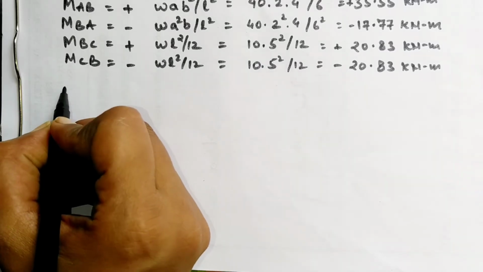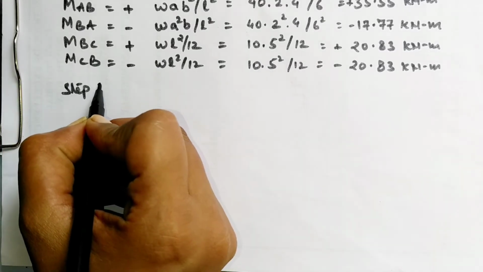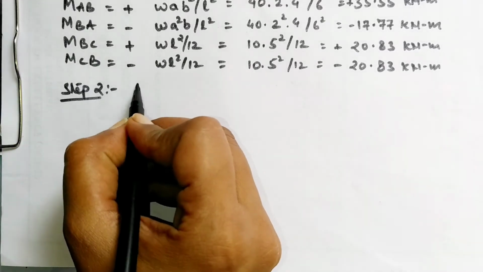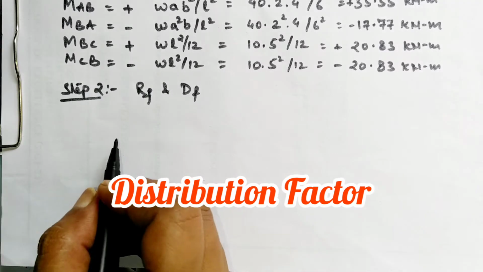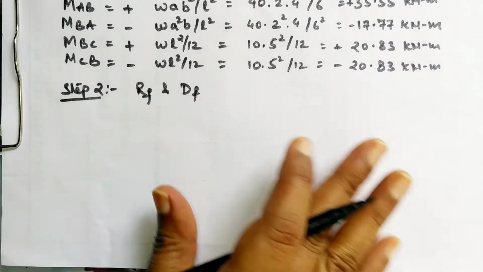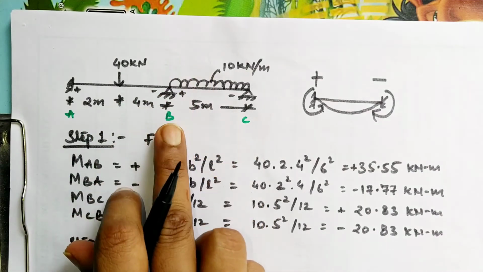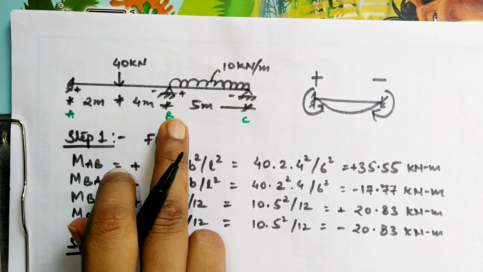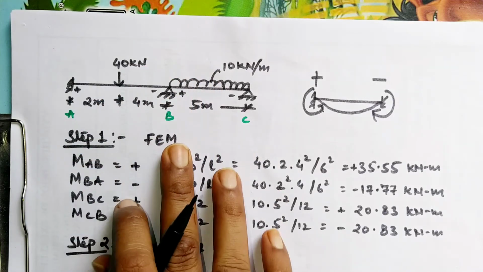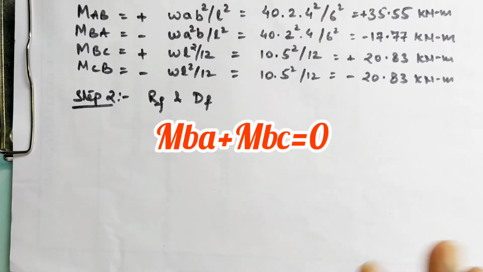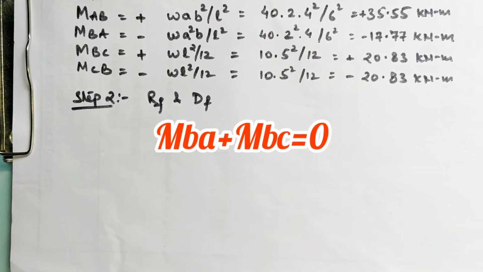Next we have step number 2. Step number 2 is RF and DF, that is your rotational factor and your distribution factor. What role do RF and DF have in our moment distribution method and in our beam? So this B is the common support. This left side and right side moment on B has to be equal and opposite.